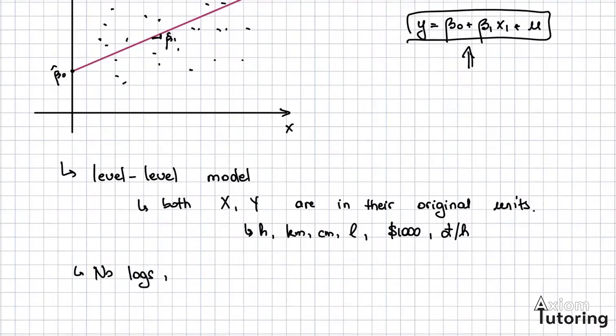And most of all, we have not done any other transformations like turning them into standard deviations and so on. So no transformations. That would include also squared or cubed. Okay. So just levels.